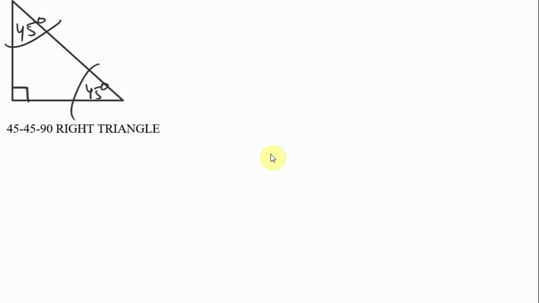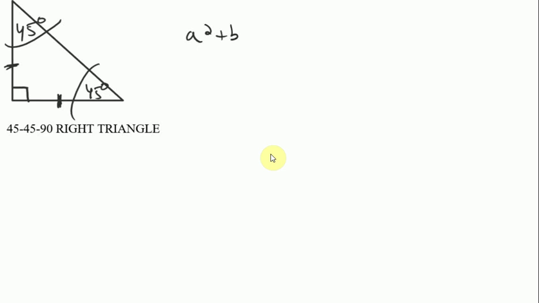Now, since these angles are both 45, we're going to have these sides be equal. It's actually an isosceles triangle. And then this diagonal here, we can actually just calculate using the Pythagorean theorem.